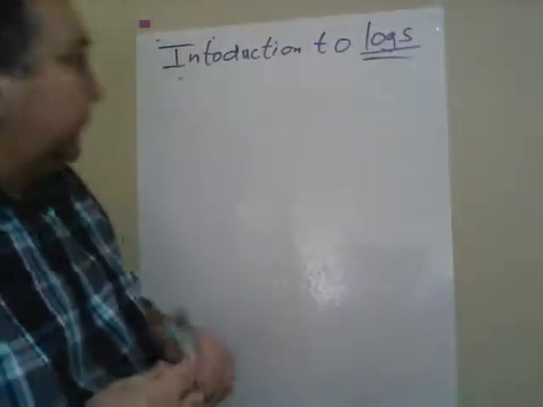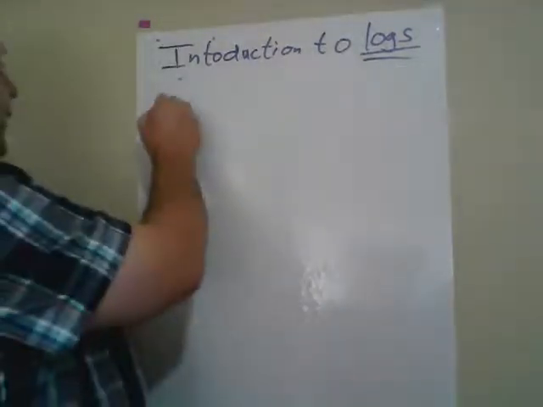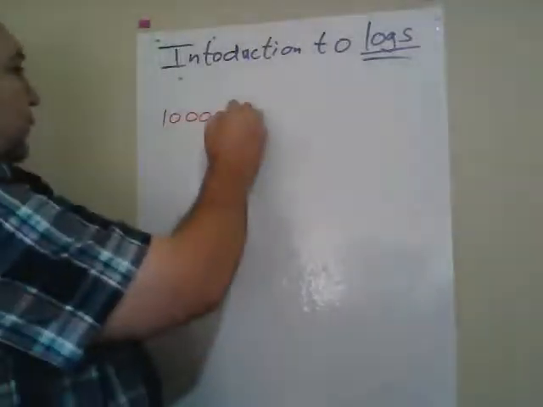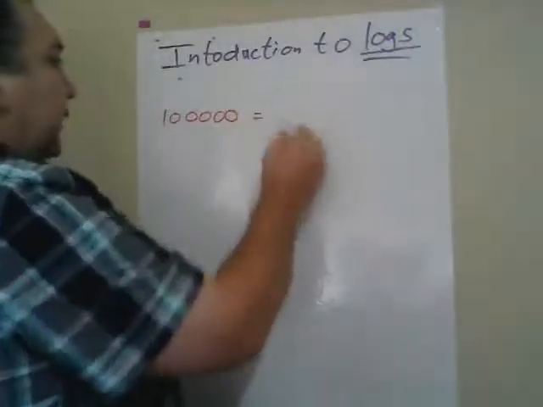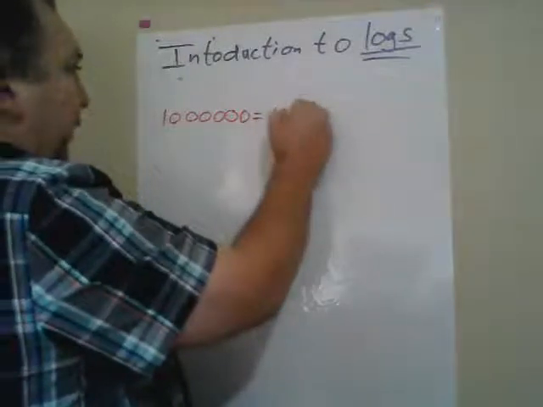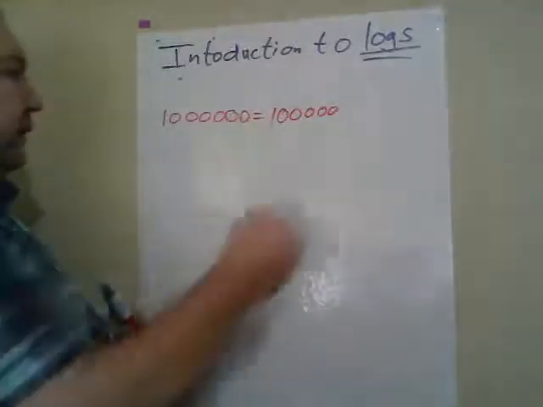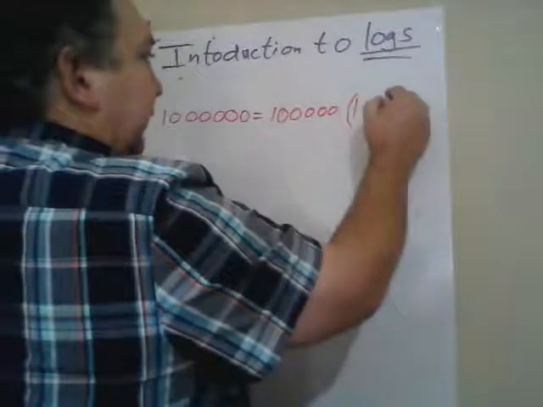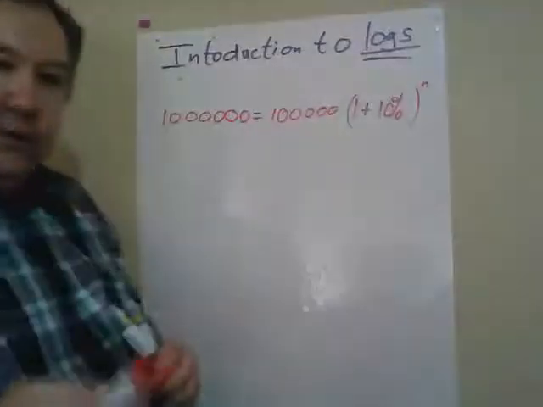First example, if you invest 100,000 Rand, and it grows to 1,000,000, and the interest rate is, let's say, 10% compounded annually.